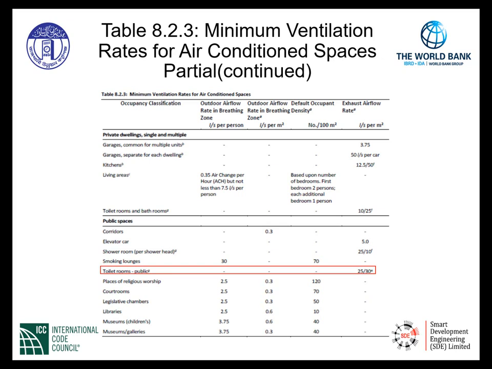Another category that must not be forgotten in our commercial buildings is public spaces. As you can see, some of the areas and locations in public spaces range from corridors to elevator cars, shower rooms, smoking lounges, toilet rooms, places of religious worship, courtrooms, etc.